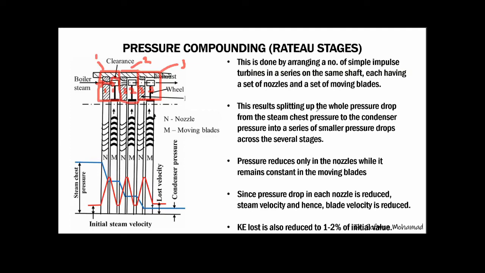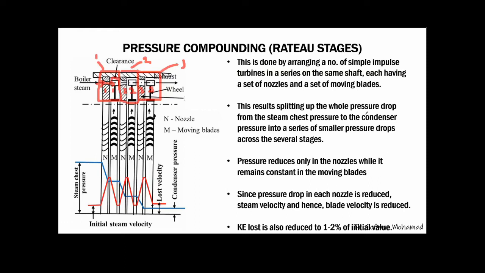This results in splitting up the whole pressure drop from the steam chest pressure to the condenser pressure into a series of smaller pressure drops across the several stages. And we know that pressure reduces only in the nozzles, while it remains constant in the moving blades. Since the pressure drop in each nozzle is reduced, steam velocity and hence blade velocity is also reduced.